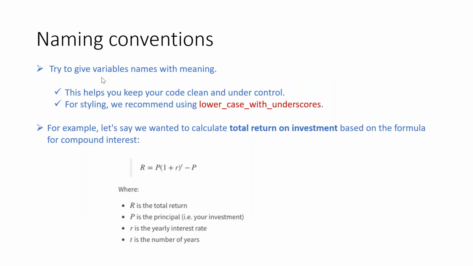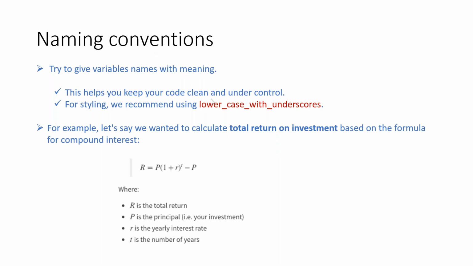So again, a good naming convention is very important. In Python, use a good naming convention for your variables and reusable functions. Then your programs will become very readable. Even without comments, people should be able to understand what you are trying to do in a particular logic. So try to give variables names with meanings.